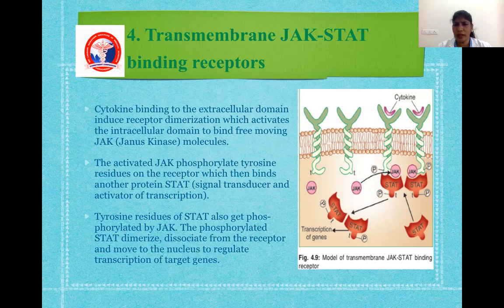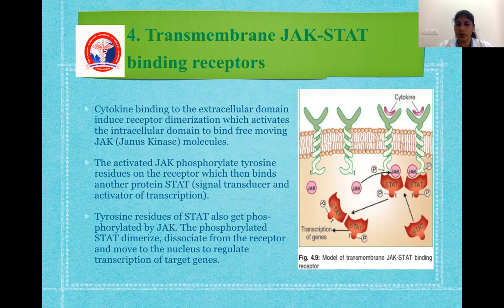Because these are more available within the cell, the receptor binds the Janus kinase molecules intracellularly. This activated JAK phosphorylates tyrosine residues on the receptor, which then bind the STAT, the signal transducer, and induce transcription.